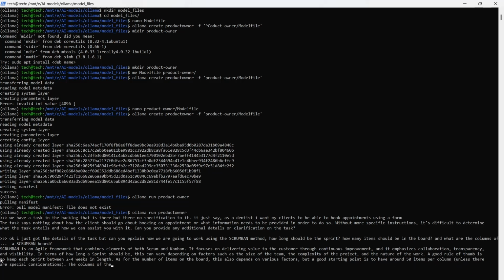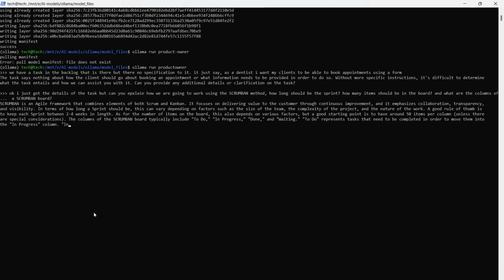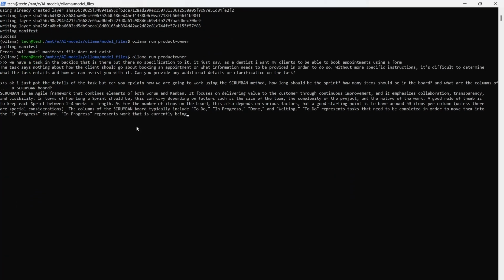Number of items in the board, this is also depend on various factors. So now it's giving me an explanation while answering to the questions. So this is good, and this is right, but this is good information. So the column of Scrumban boards typically include to do, in progress, done, and waiting.